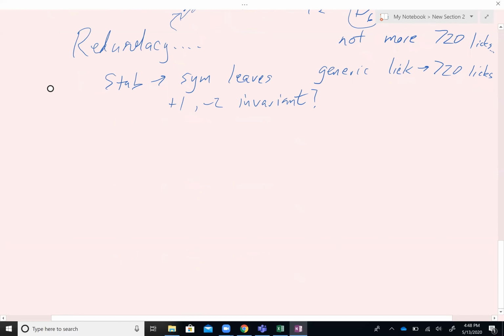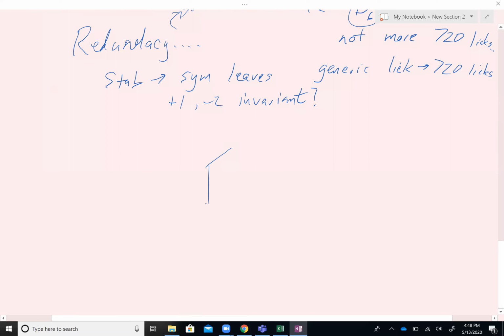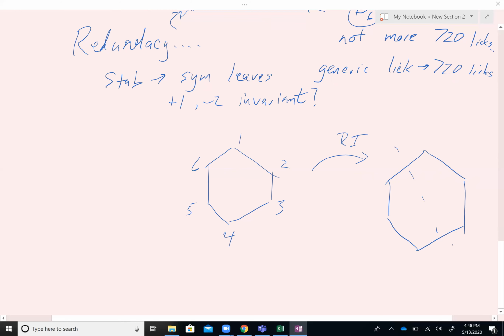So let's do that real quick. Let me put the numbers 1 through 6 on here so it's easier to see what's going on. 1, 2, 3, 4, 5, 6. So if I do my Ri guy, Ri is reflection that way, so I get 1, 6, 2, 5, 3, and 4.